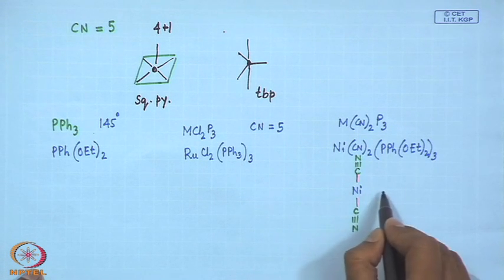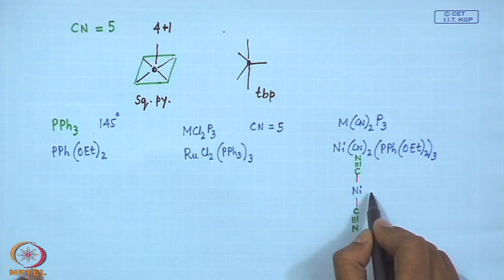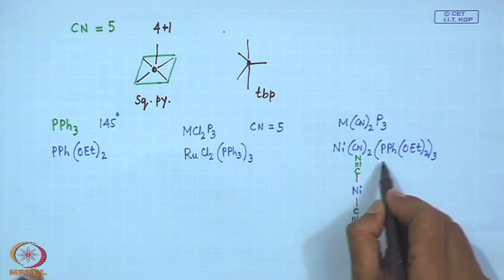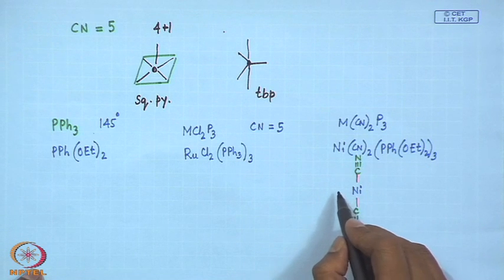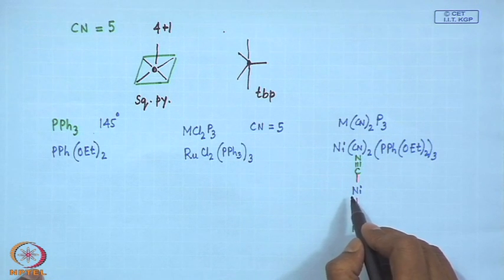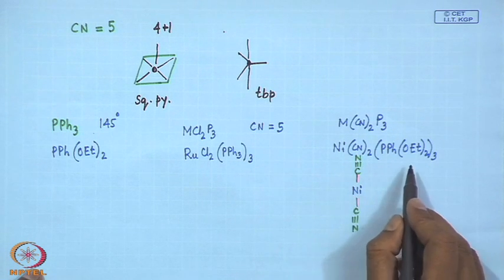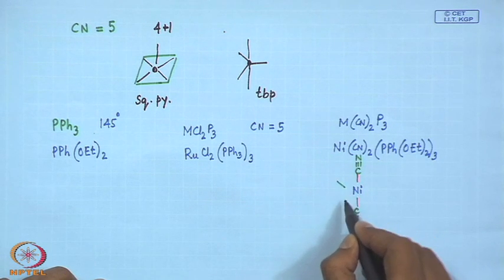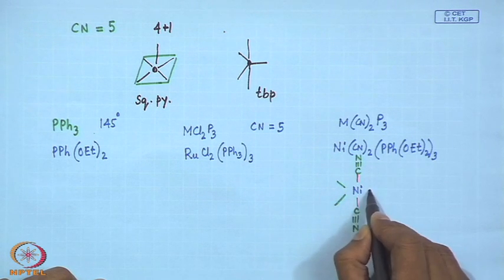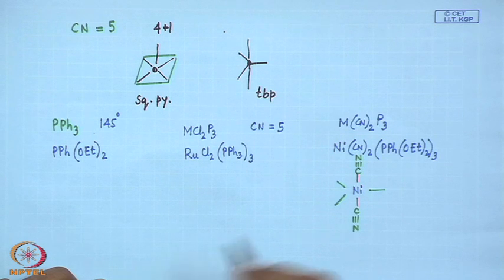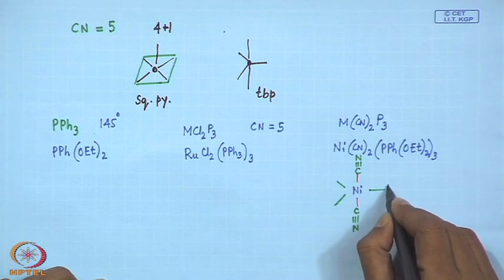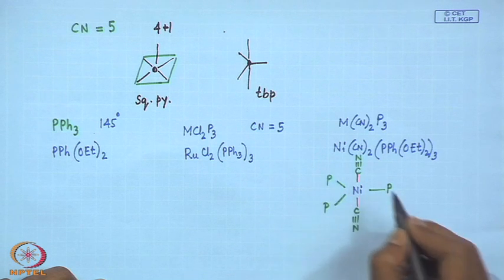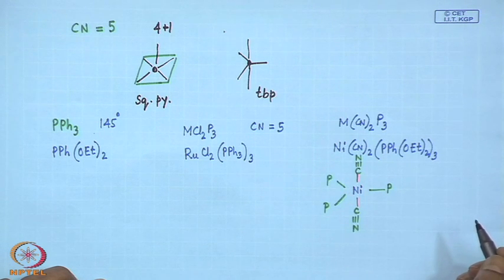If we add further CN, it will give the corresponding square planar geometry. But in case of this phosphine, nickel cyanide can be reacted with this special type of phosphine ligand, where we have these 3 positions like this, and we will have now this PPh(OEt)2 as the ligand.